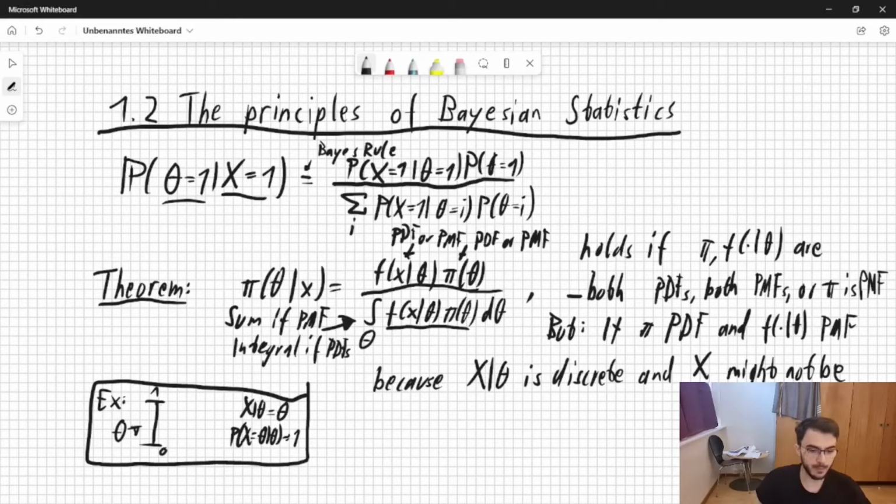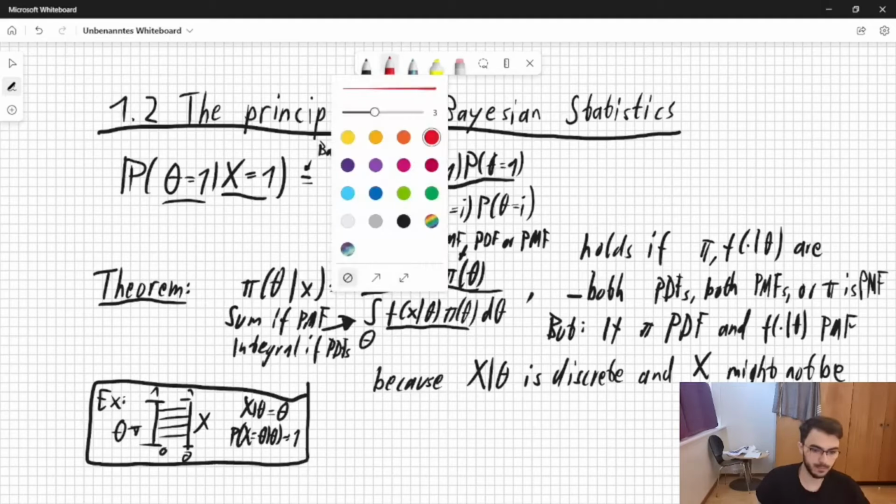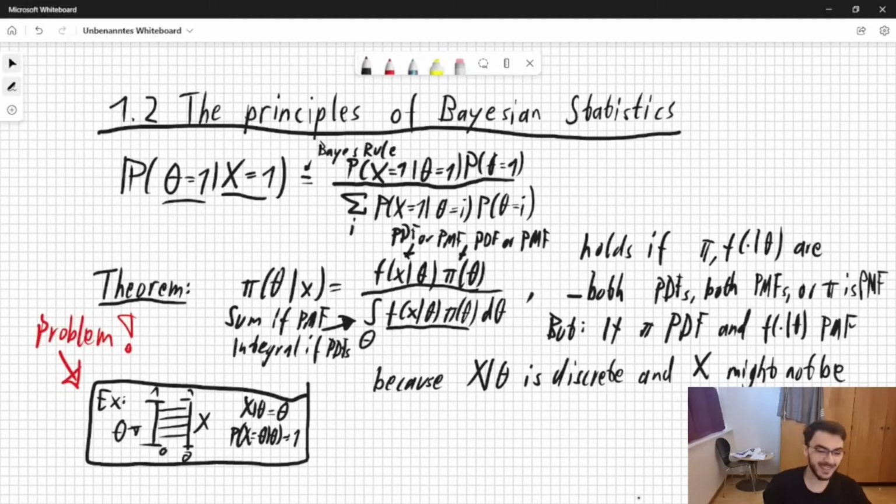So that means no matter what value theta takes here, any one of these values, x is going to take the same value. But it also means that x is also uniformly distributed on the 0, 1 line, which is a continuous distribution. So that's a problem, and you want to exclude that problem. So how do we fix that?